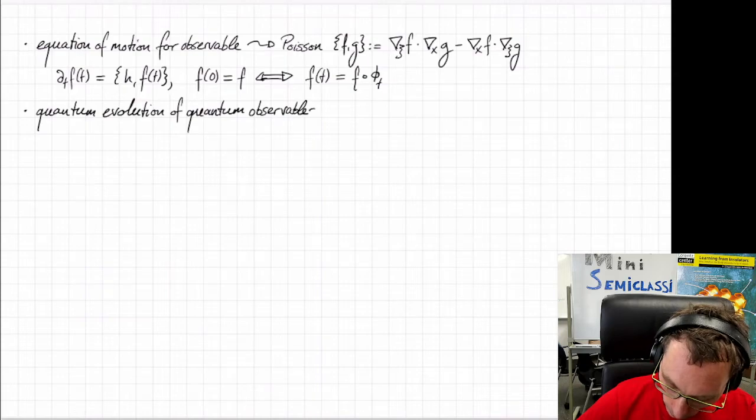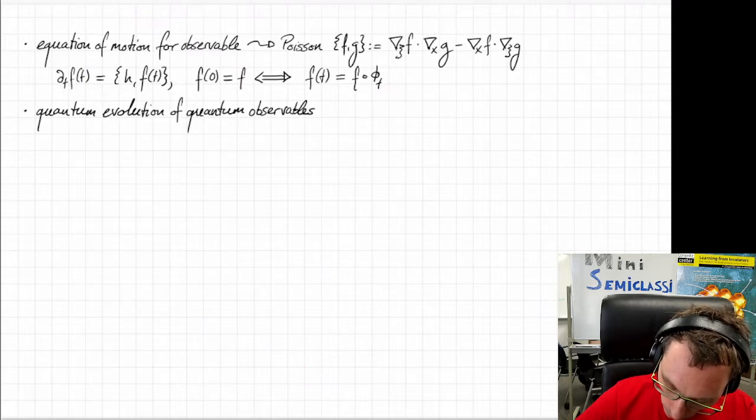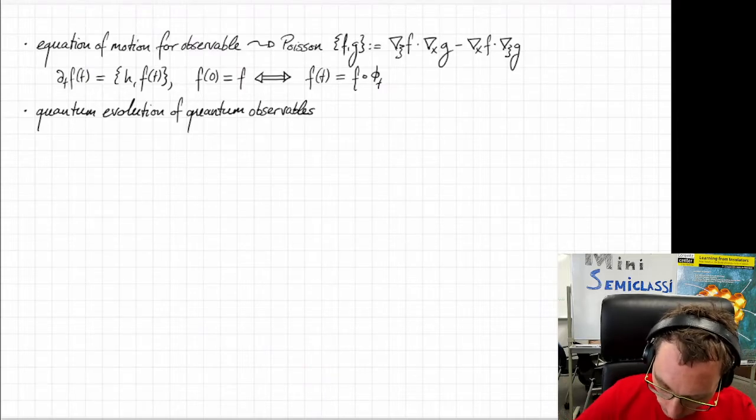And also here we have an explicit expression for the solution in terms of the unitary evolution group.